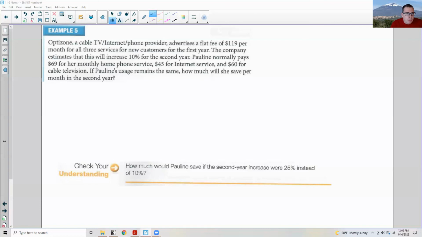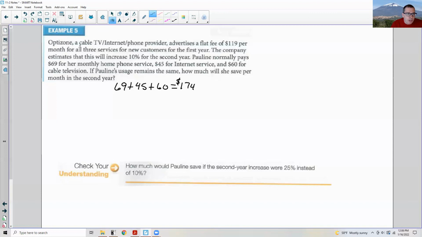So what you would do is we want to add up what she uses. So her usage is $69 for phone, plus $45 for internet, plus $60 for cable TV. If I add all of that up, it comes out to be $174. She is spending $174 on these 3 services separately at the moment.